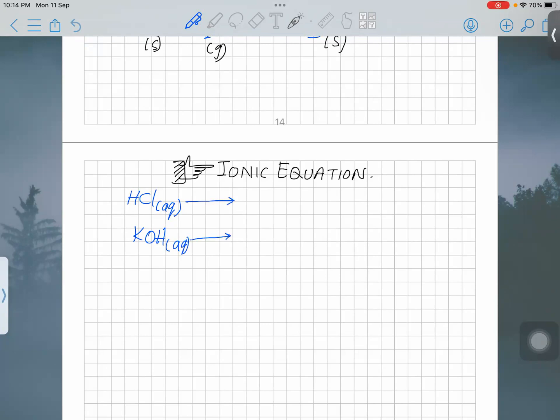They decompose into ions. So H positive aqueous plus Cl negative aqueous. In the KOH, K positive aqueous plus OH negative aqueous.